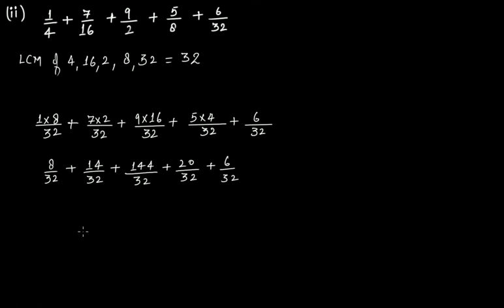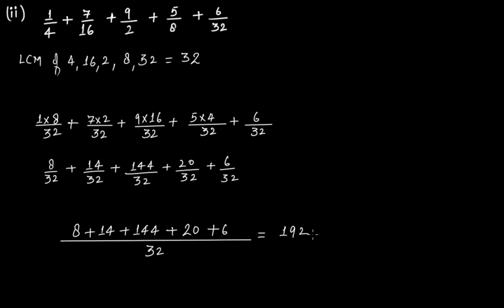Now the denominators are the same, therefore 32, 8 plus 14 plus 144 plus 20 plus 6. 8 plus 14 is 22. This gives you 166, 186, 192. So the answer is 192 over 32.